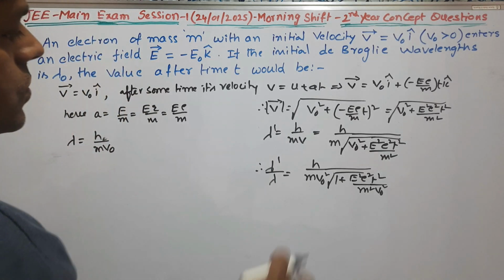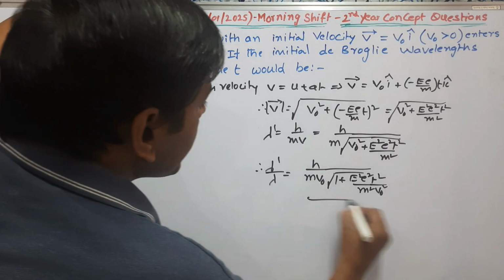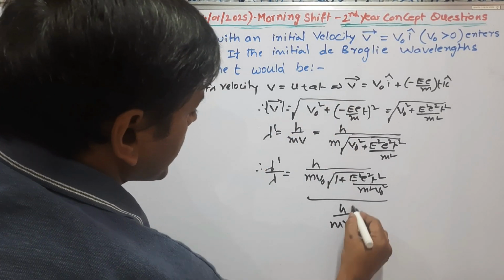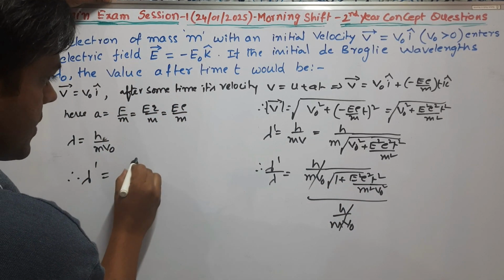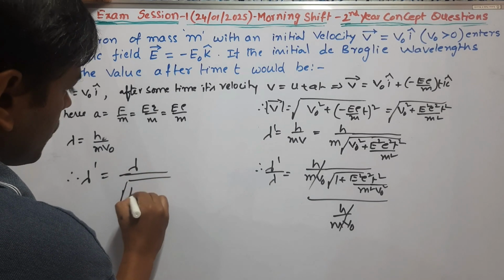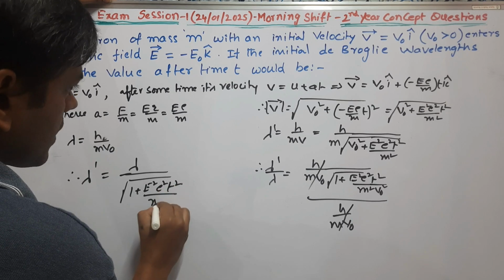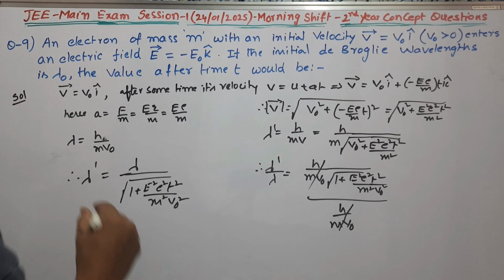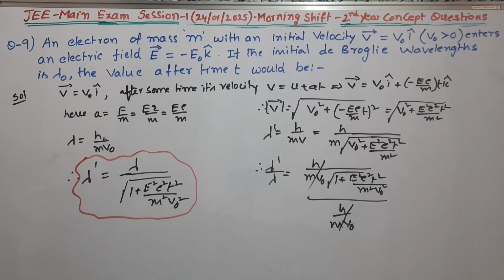Lambda is equal to h by m into v naught, so the h by m cancels. Therefore, lambda dash is equal to lambda, the initial wavelength, by under root 1 plus E square t square by m square into v naught square. This is the wavelength of that electron after some time t.